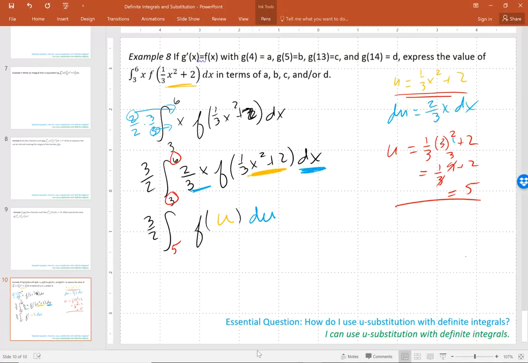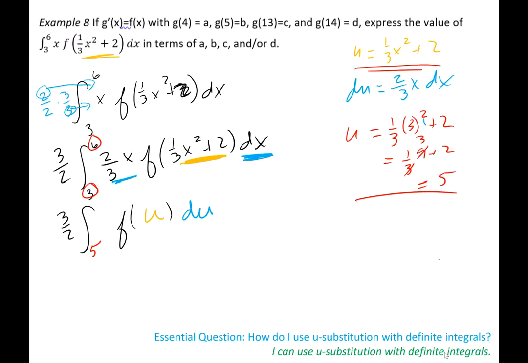So u equals 1/3 times 6 squared plus 2. Well, 6 squared is 36. 3 goes into 36 12 times. 12 plus 2 is 14. So my new upper bound is 14.